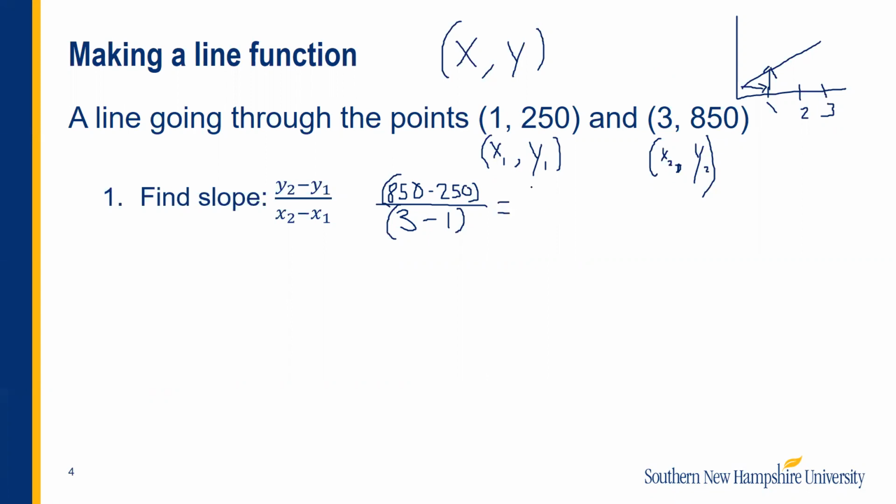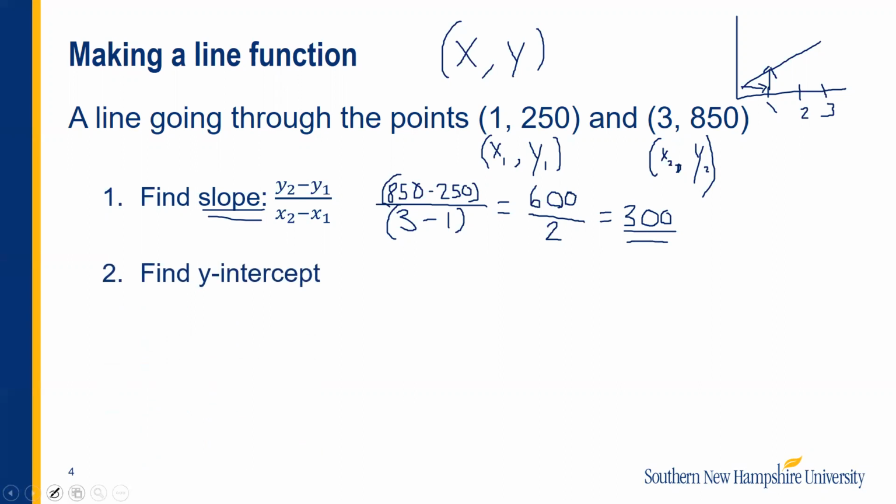Okay, so if you do that on a calculator, you should get 600. And on the bottom, if we do 3 minus 1, you should get 2. So now we have 600 over 2. That means divide. 600 divided by 2, which is going to be 300. So our slope is 300. Slope, 300.